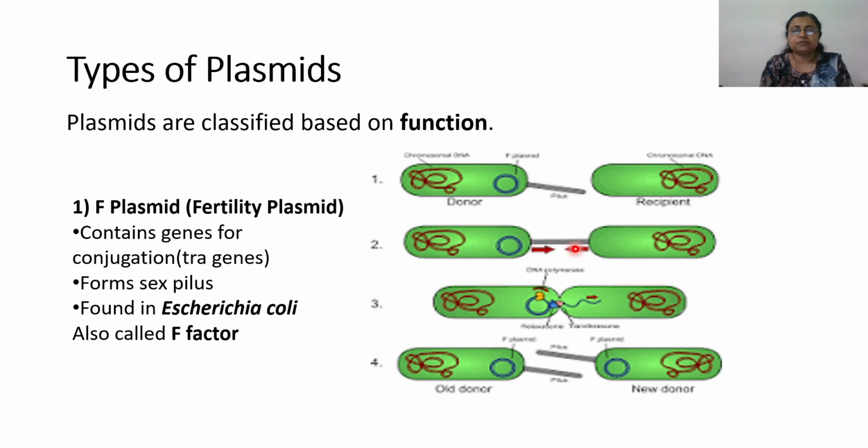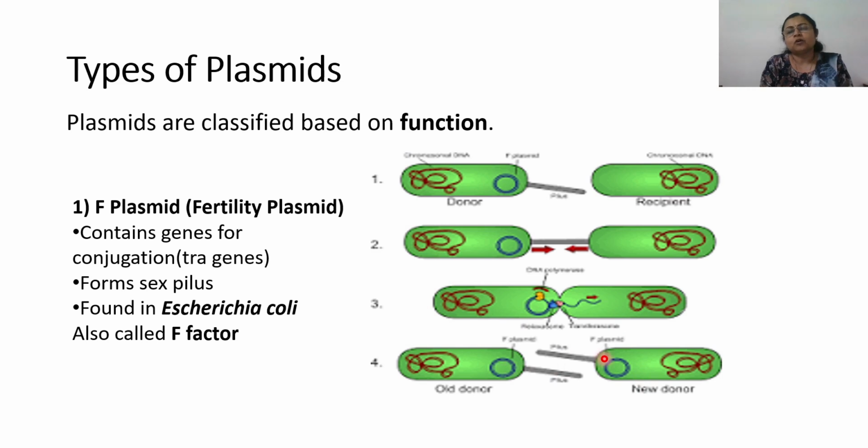Through this bridge, as plasmid is double stranded, one of the strands enters into the other cell. The characteristics possessed by the F plasmid are transferred through the plasmid genes into the F minus cell, and now the F minus cell also becomes an F plus cell and a donor cell.